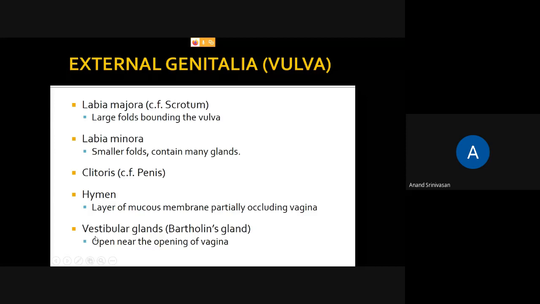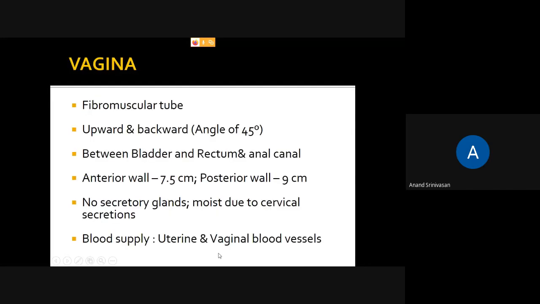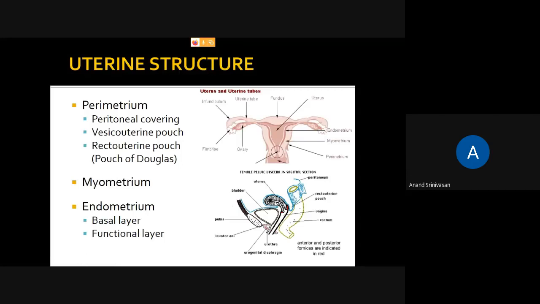Then lastly there are vestibular glands, which are also called Bartholin's glands. These glands open near the opening of the vagina. Near the outermost opening of the vagina, there will be these glands.